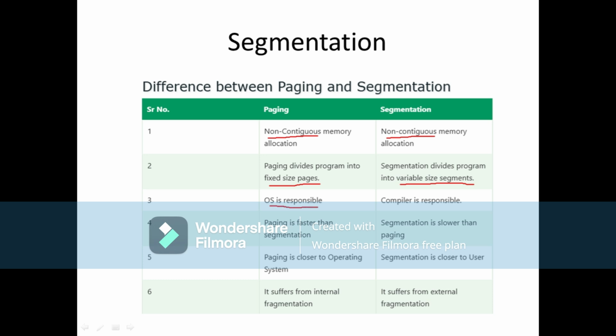And who is responsible for segmentation? The compiler. Paging is faster than segmentation, and segmentation is slower than paging. Paging is close to the operating system and segmentation is close to the user. Paging suffers from internal fragmentation, whereas segmentation suffers from external fragmentation.